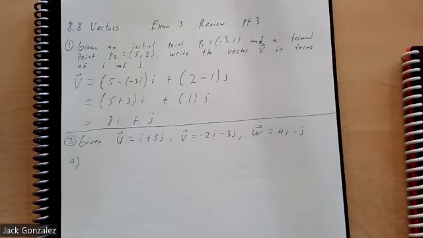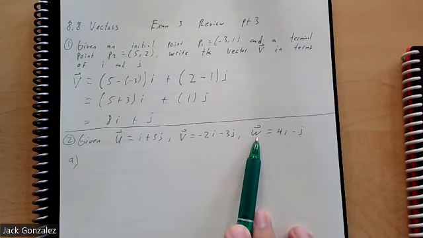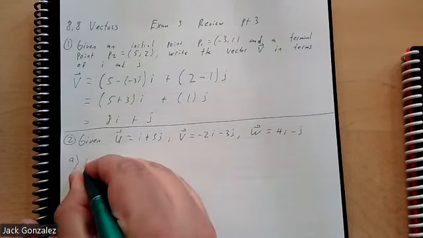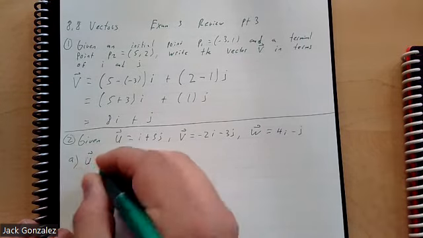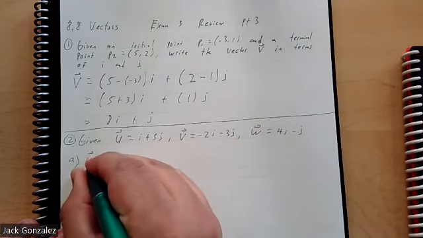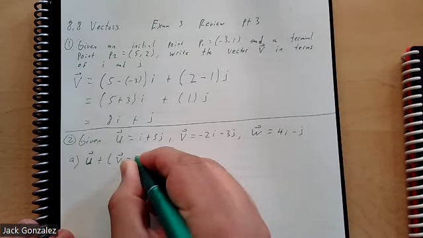Oh, sorry. This is a u, v, w. Okay, so first part, let's just do simple addition. You know what? Addition and subtraction. So u, try to put a tail on it, plus v minus w.